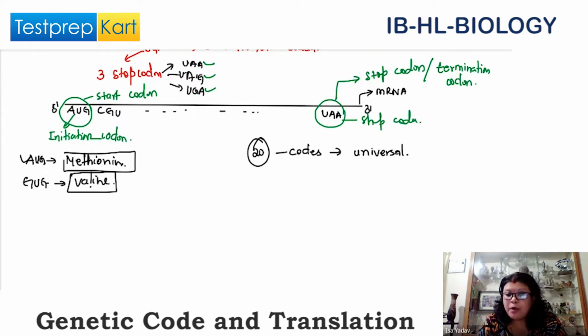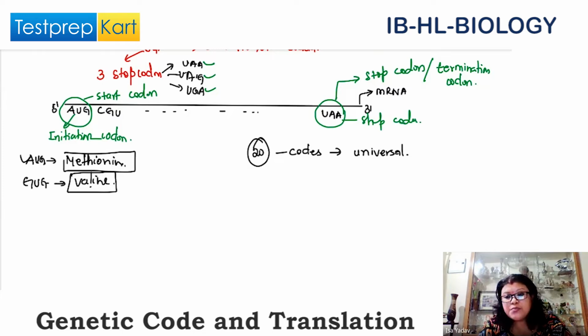So these are some of the properties of the amino acid. Since you have understood the triplet codons, now we will jump to the process of translation.